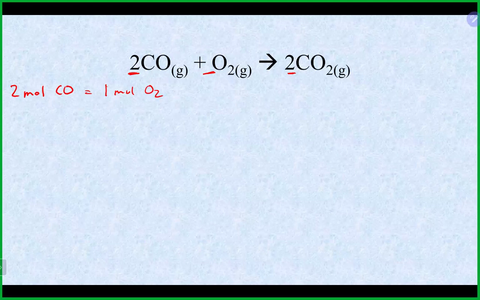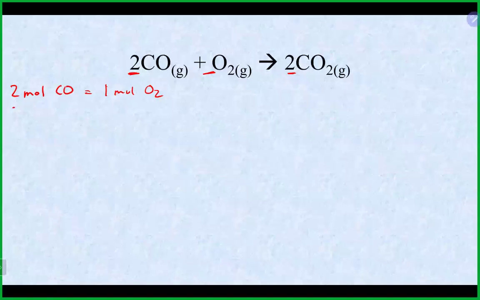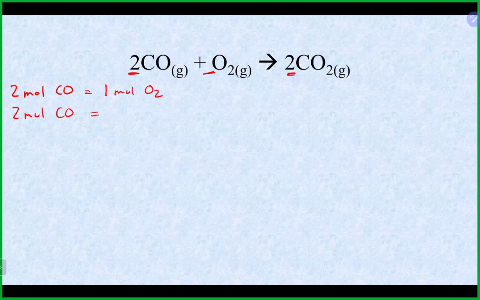Remember, in a balanced equation, if nothing is written in front of a formula, it is assumed to be 1, right? So that is where the 1 comes from. We could also say for every 2 moles of CO I put in there, I'm going to get out 2 moles of CO2.